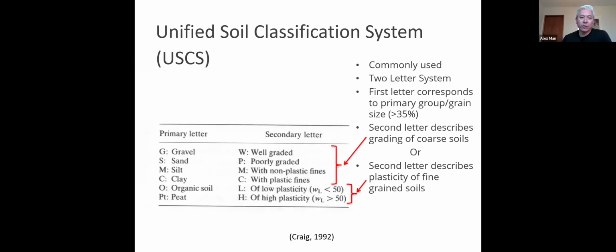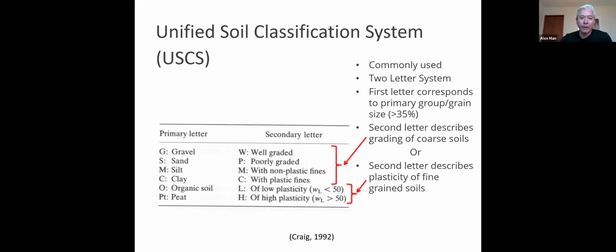We'll focus on the Unified Soil Classification System. It's pretty commonly used, and it's kind of like a two-letter system where the first letter corresponds to the primary soil type. So G for gravel, S for sand, M for silt. I have no idea why they picked M, but they did. C for clay. And then you can have organic soils and peat as well, which are things that we don't really deal with much in the trail world.